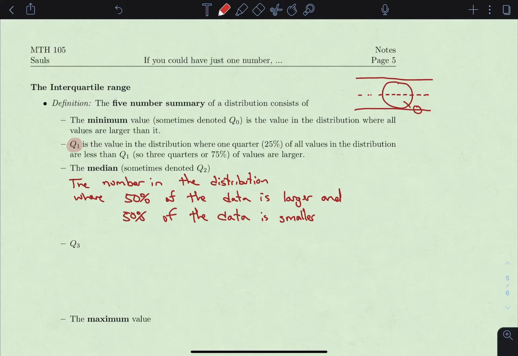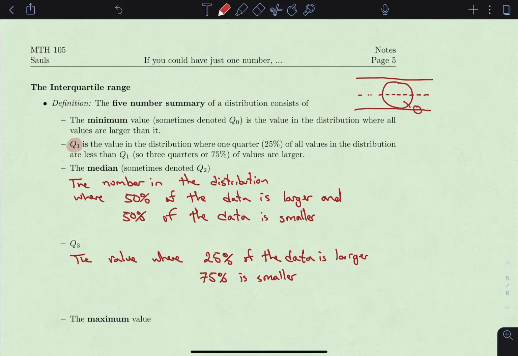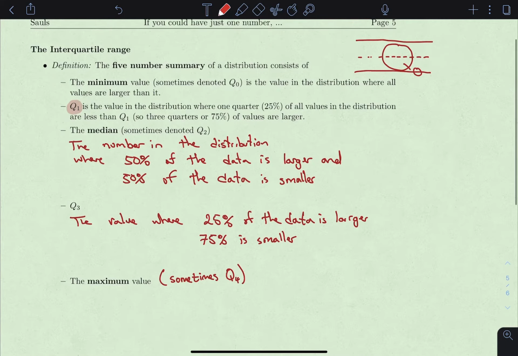Q3 will be matched up with Q1 in that it's the value where 25% of the data in the distribution is larger, so 75% is smaller. And then the maximum value, sometimes Q4, is the value where every other data point is smaller.